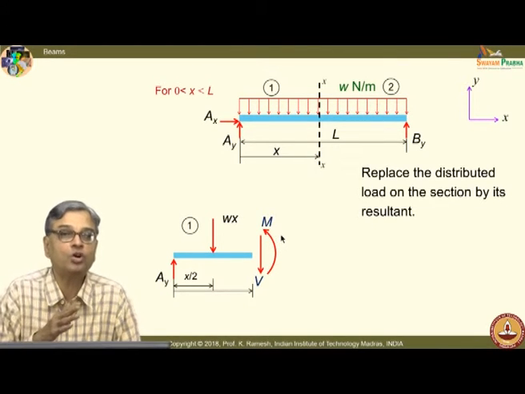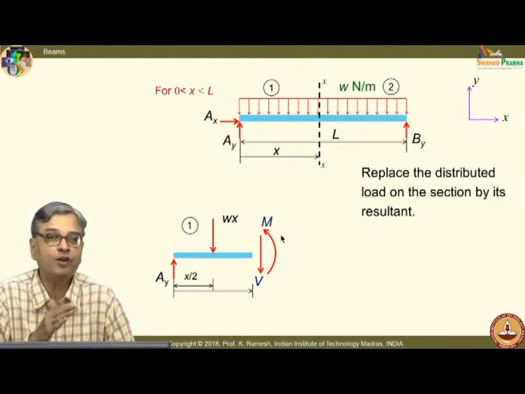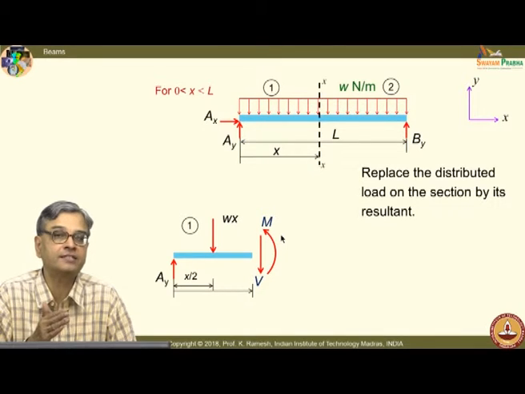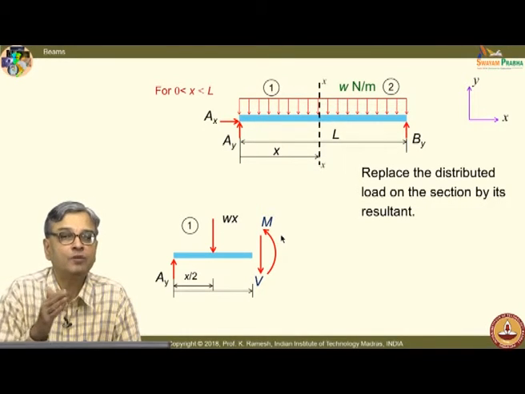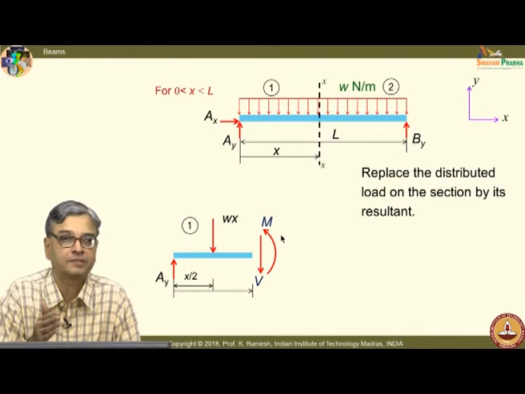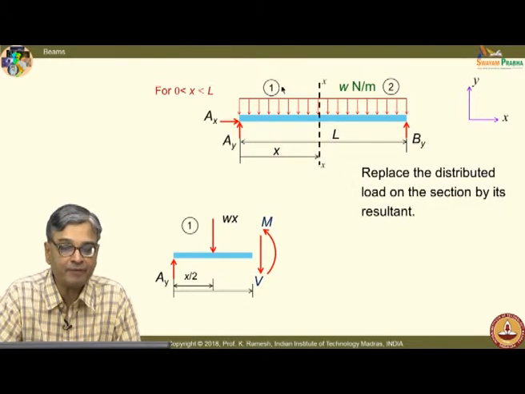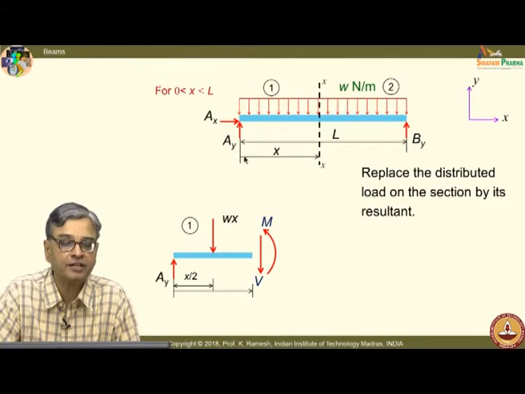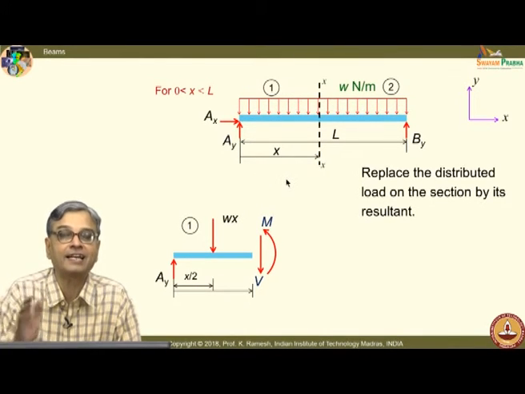What you will have to note down is, while finding the support reactions, we have replaced the original distributed force by a resultant force. That we have used for finding the support reactions. But I cannot use that resultant when I cut the beam to find the variation of the bending moment and shear force at a section x.